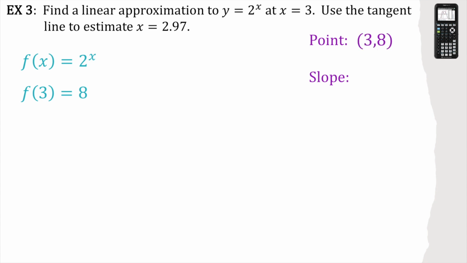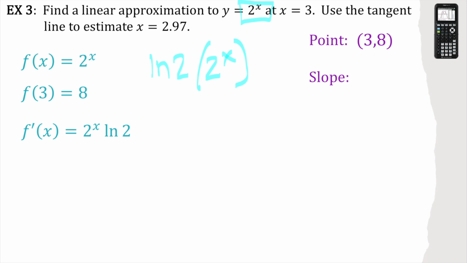Now we need a slope. So the derivative of 2 to the x, do you remember how to do that? It's ln of the base, and then repeat the function. So the derivative is 2 to the x ln 2, and we can plug in 3 for that, and we get a slope of 8 ln 2.